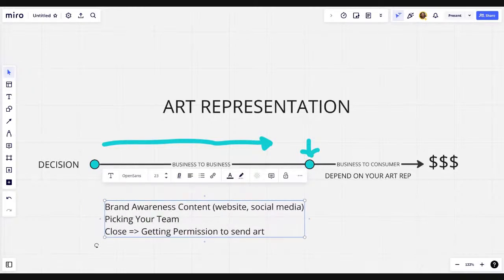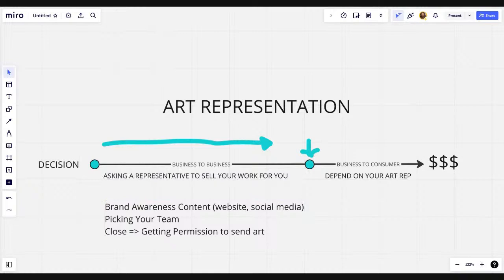Everything starts with brand awareness content. If you're asking someone else to sell your artwork for you, you need to, number one, show up as a professional artist. You need to show up as a selling artist. When your gallery or your art licensing agent is checking you out, they're going to do their research.